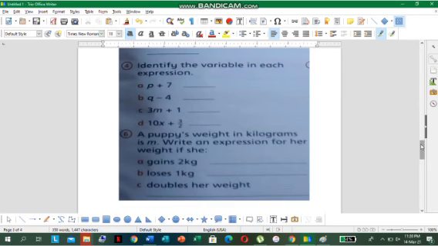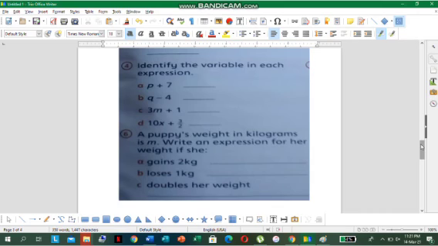If I give you a pencil, it's added to you. You gain that pencil, right? So the operation of mathematics there would be addition. So it would be 2 kg plus m.